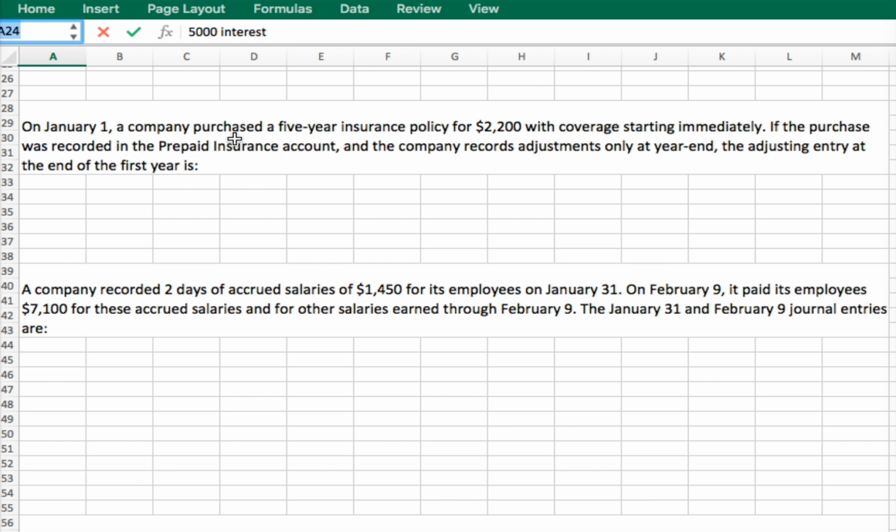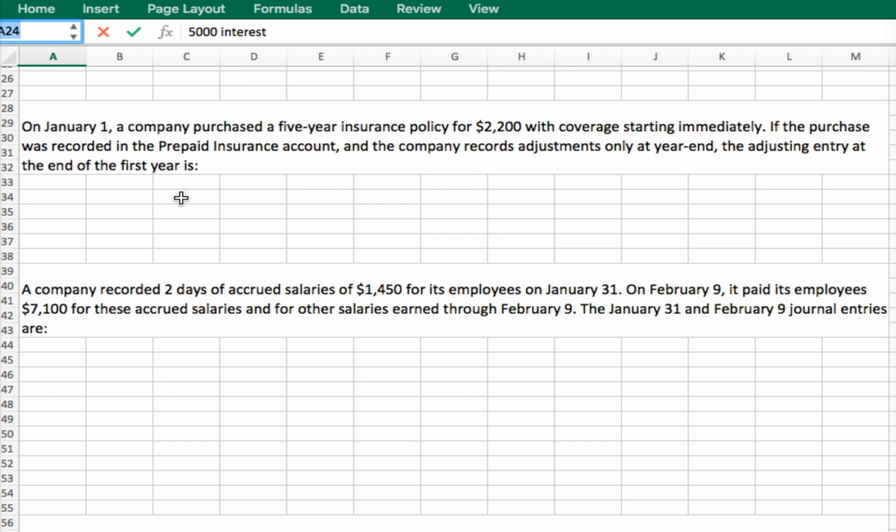Okay, so we purchased a 5-year insurance policy on January 1st. We're not recording anything on it until the year end. So basically, from January 1st to December 31st, we use up 1 year's worth of this insurance policy, which is a 5-year policy.